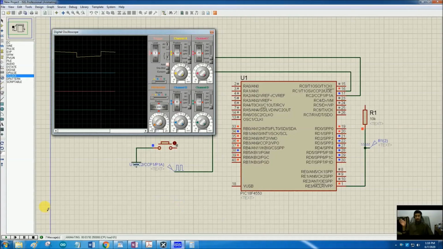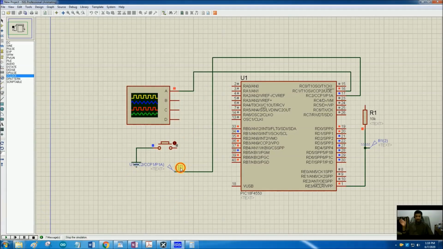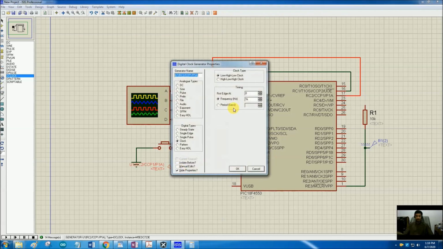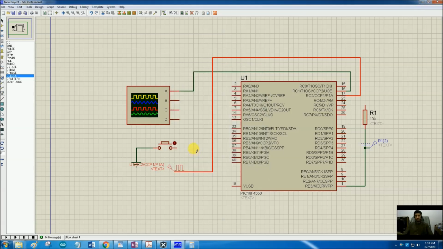So let's see if we change this frequency. Let me increase this value to 10 kilohertz. I am increasing it 10 times. So if I am increasing the frequency 10 times, my time period will decrease 10 times. Previously it was 1 millisecond or 1000 microseconds.